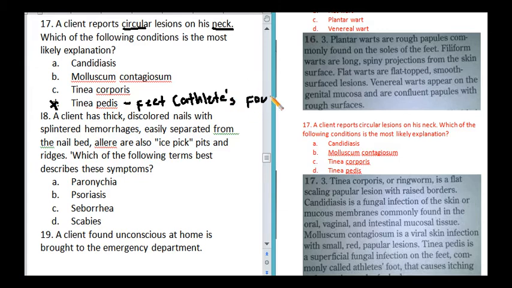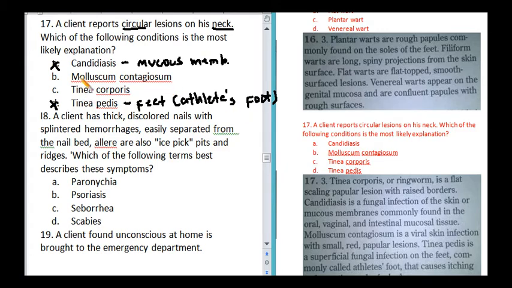So it's not D. Let's also eliminate A, candidiasis, because candidiasis is a type of infection that commonly infects mucous membranes, like your mouth, vagina, and other mucous membranes.